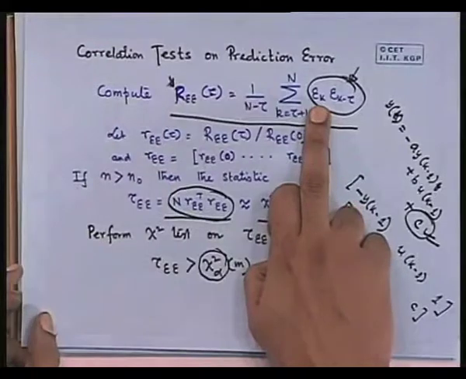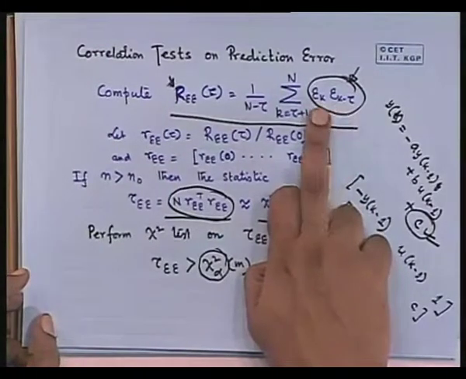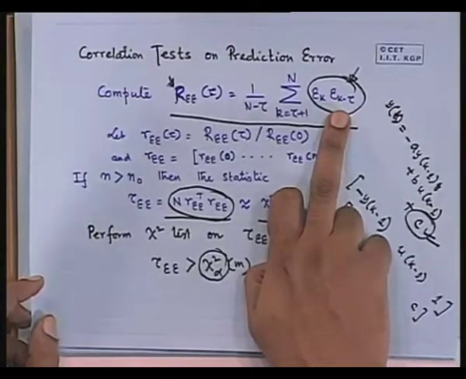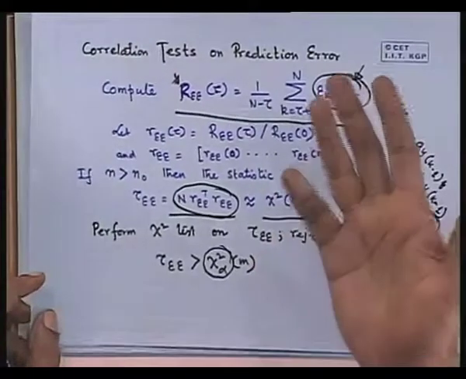So I just wanted to explain the principle. Similarly, you can test whether the residuals, epsilon, are autocorrelated or not. Similarly, you could test whether the residuals are correlated with the input, in which case you have to test for cross correlation.